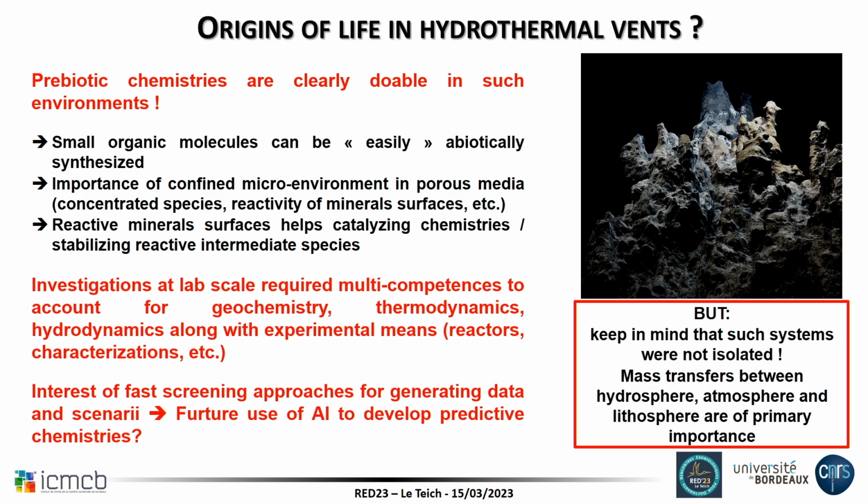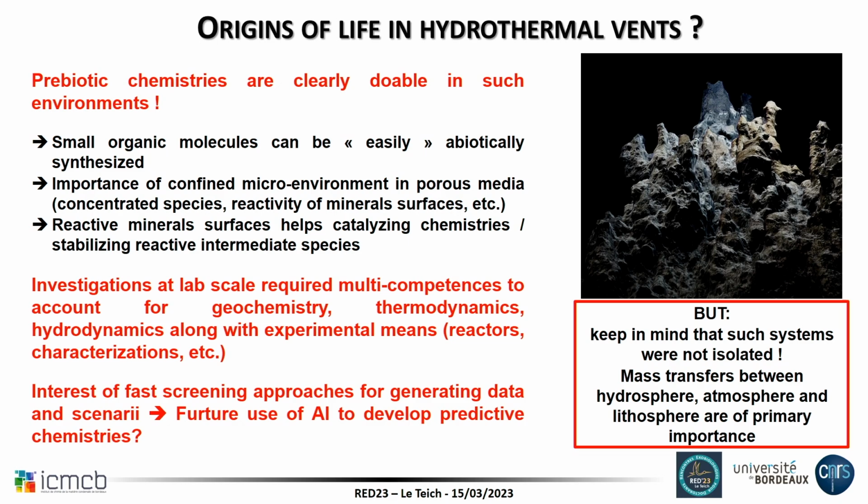Small molecules can be easily abiotically synthesized. It's still more complicated to figure out how to easily start the polymerization process for these tiny molecules toward proteins, toward phospholipids, and so on.